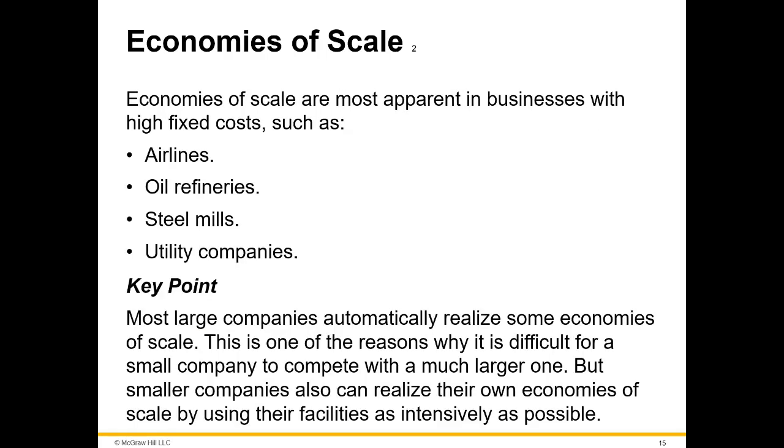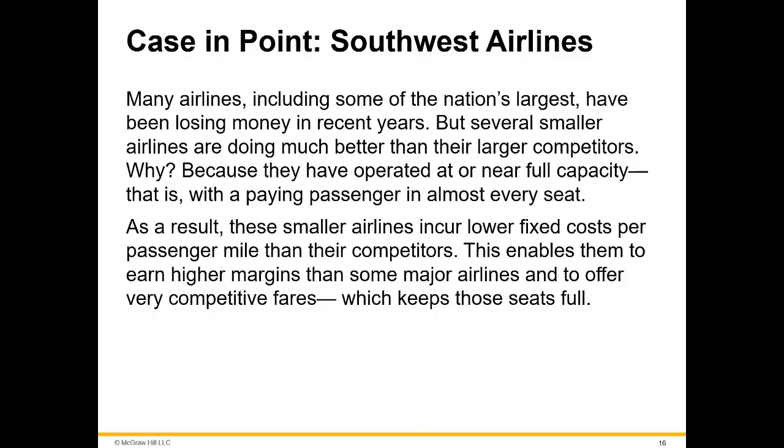Well, where do we see these economies of scale? Airlines, oil refineries, steel mills, utility companies. These typically have a high level of fixed costs. So if we can use those facilities more efficiently or more intensively, then we're able to lower the fixed cost per unit. So Southwest Airlines is an example. Many airlines, including some of the nation's largest, have been losing money in recent years, but several smaller airlines are doing better than the larger competitors.